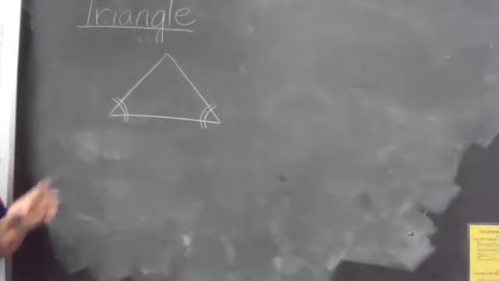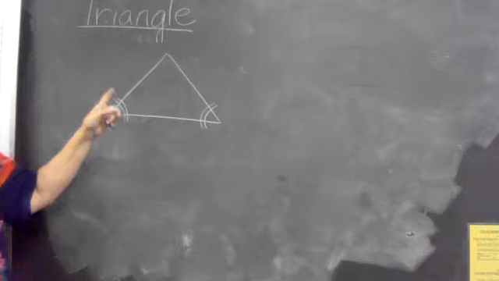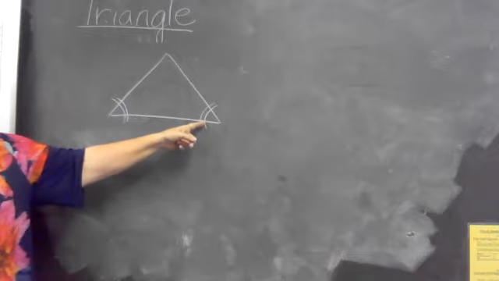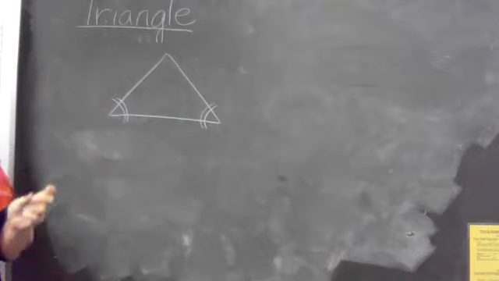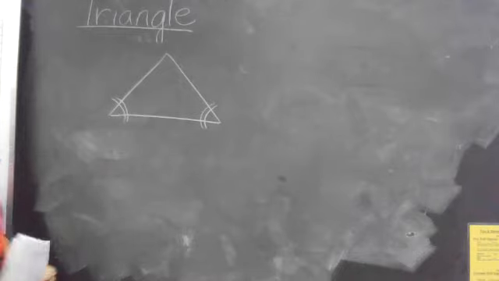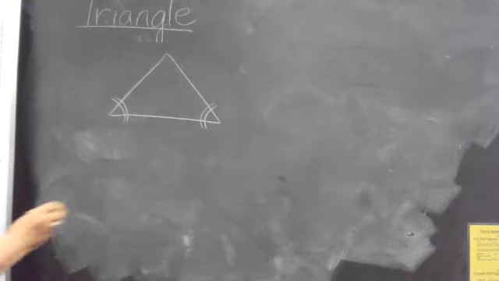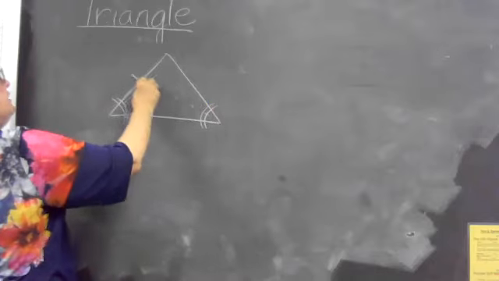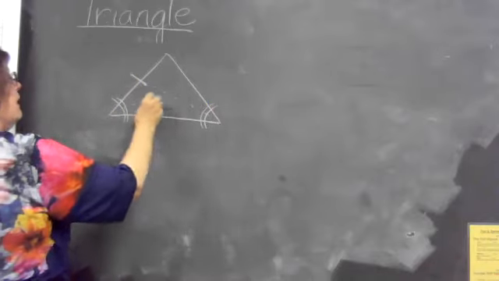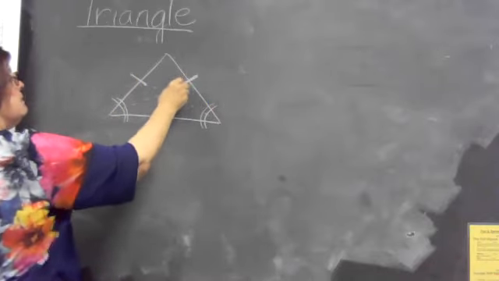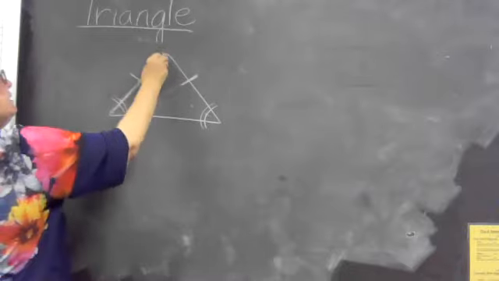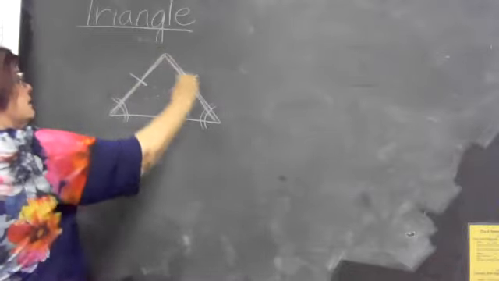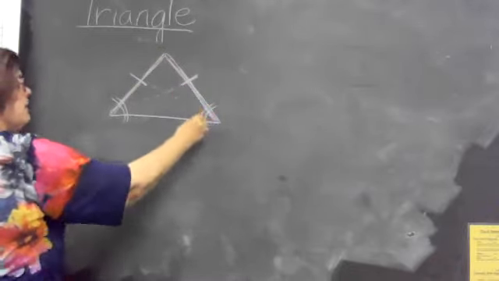If it indicates that I have two equal angles, then I will have two equal sides. Okay? And the sides that are equal will be opposite. So it's this one and the ones that are opposite. So these would be the equal sides because they're opposite of equal angles.